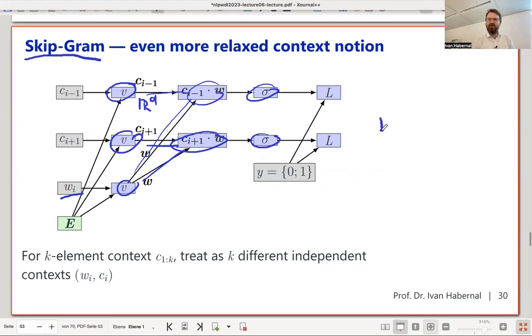Before that, we have the wild barked, and we said the target word is barked, and the previous word and the next word are in the context. Now what we are saying, yes?